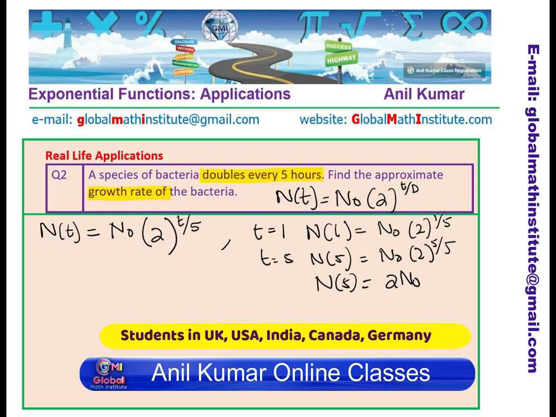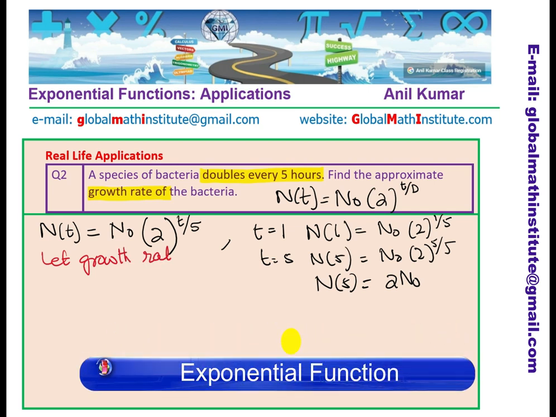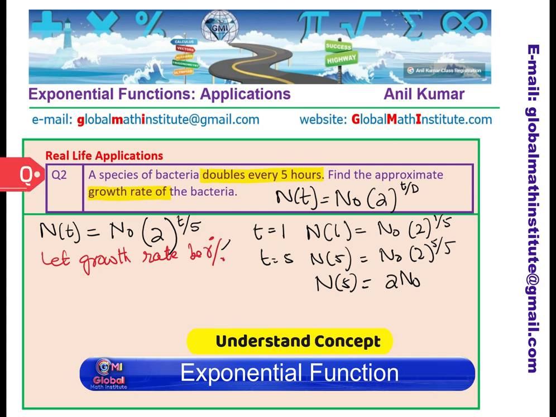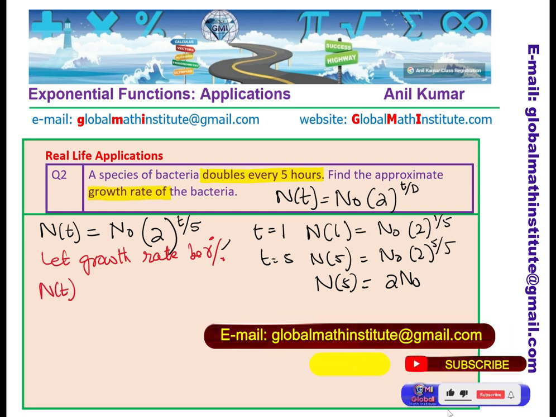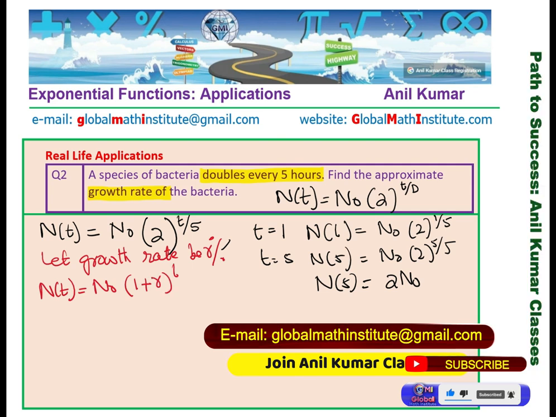We say let growth rate be r. So normally it is r percent, right? Growth rate is r percent. In that case, our equation now becomes n of t is equal to n0 times 1 plus r, to the power of t, for some time period t.